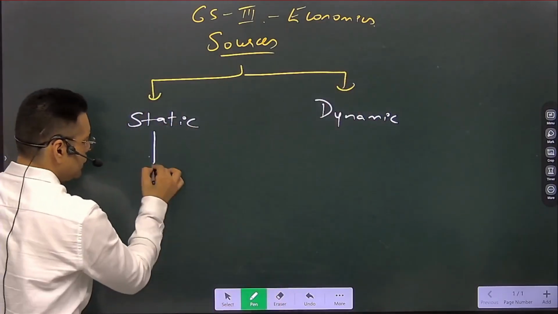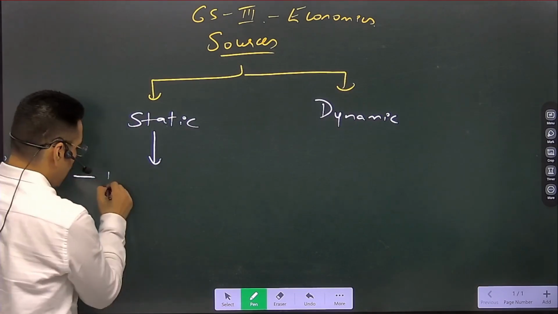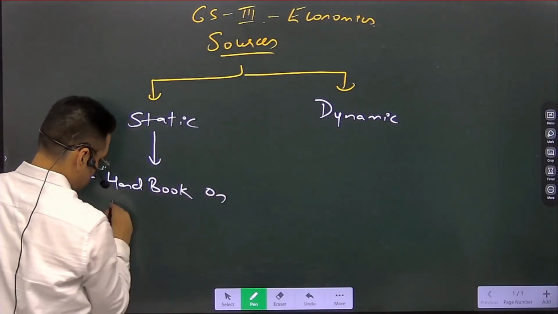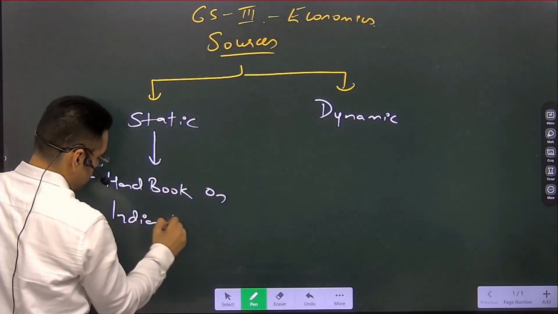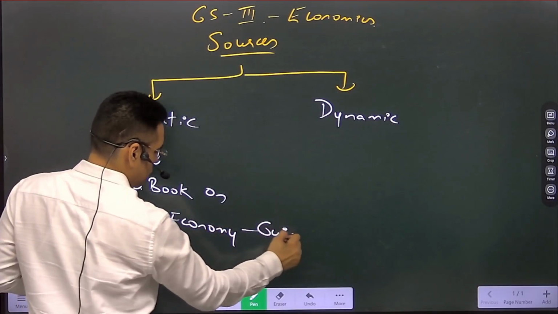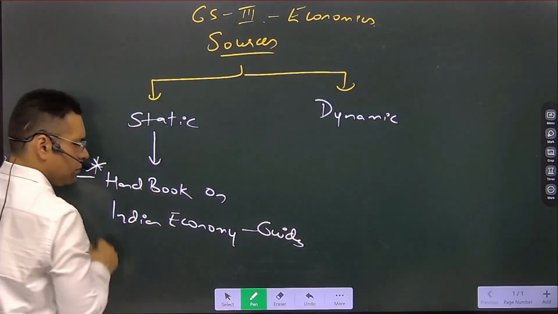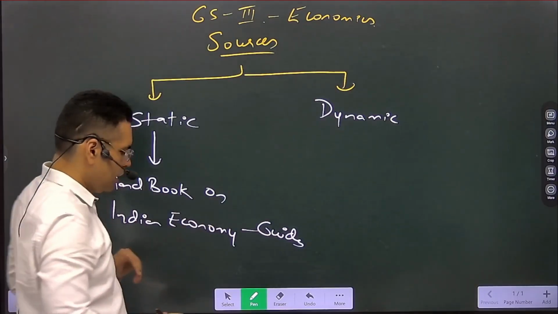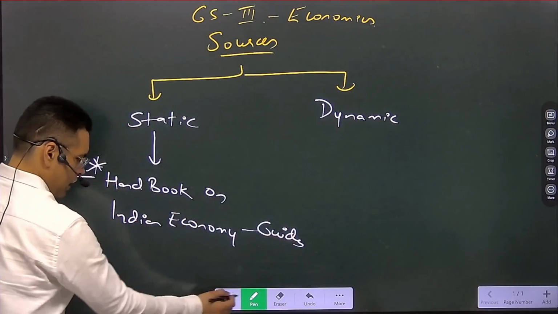In static, there are a lot of handbooks on Indian economy. These are nothing but guides. So for me, they are not very good. They will just update some information or fact. But from other sources, there are some good sources.